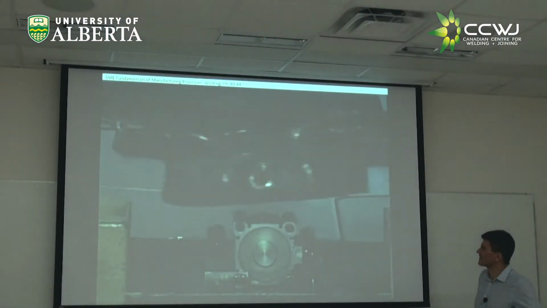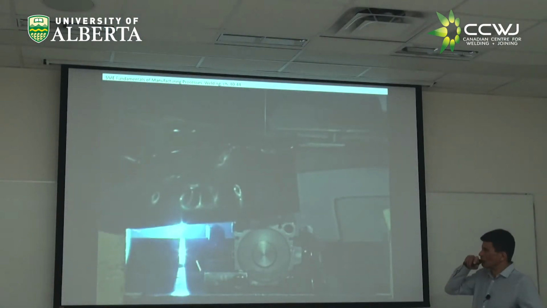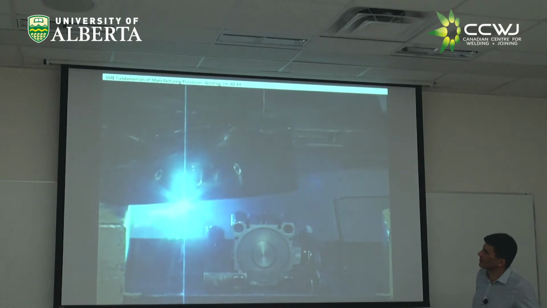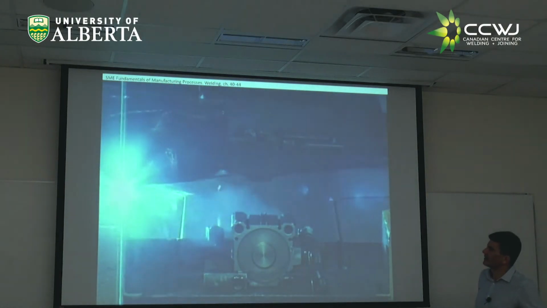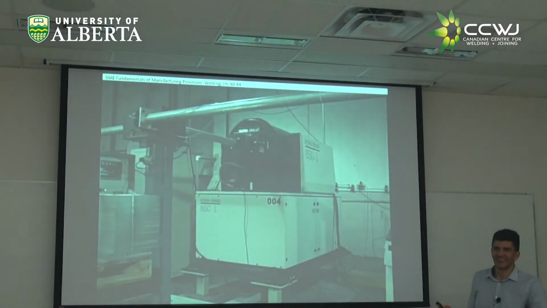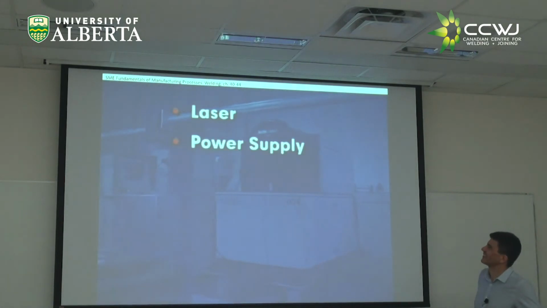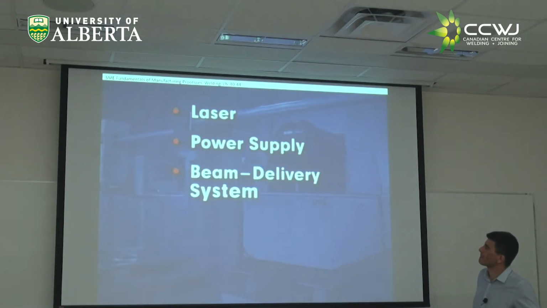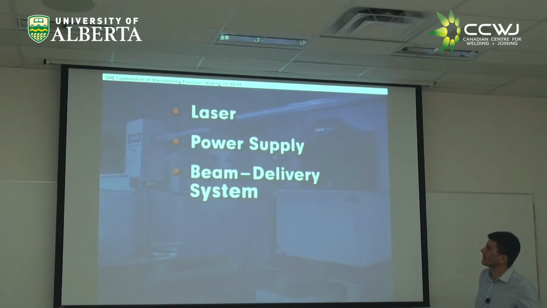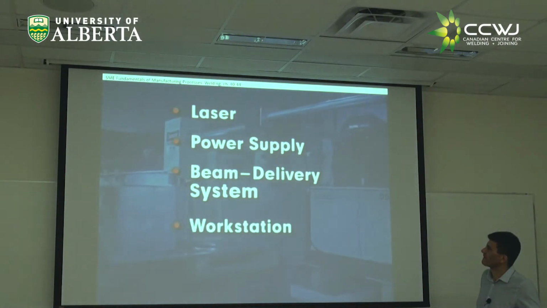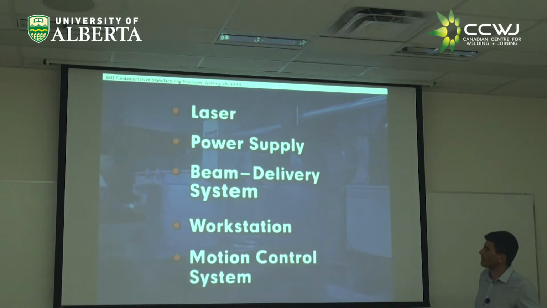Laser beam welding systems are used in many industries and are typically fully automated and computer controlled. You see a travel speed? Equipment includes the laser and its power supply, a beam delivery system with mirrors and focusing optics, a workstation, and a motion control system to move either the laser beam or the workpiece.